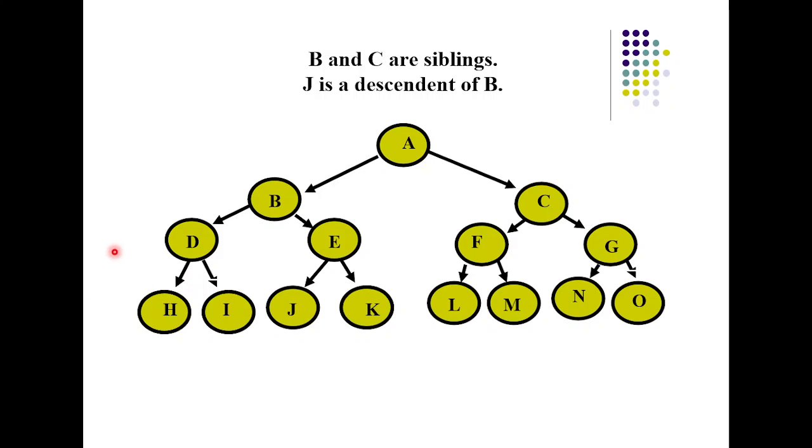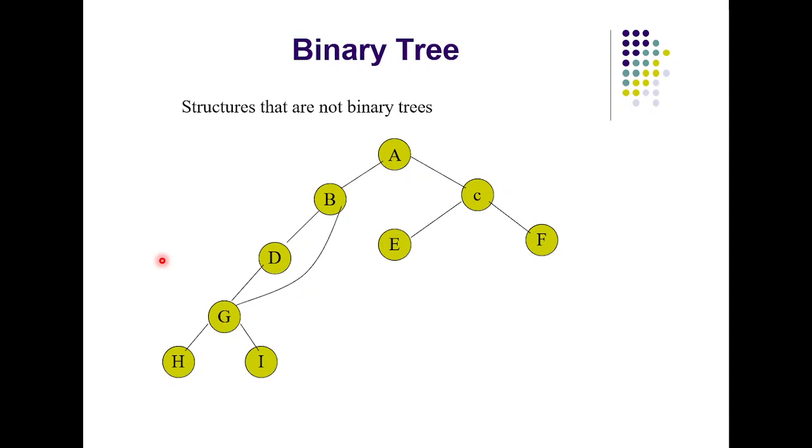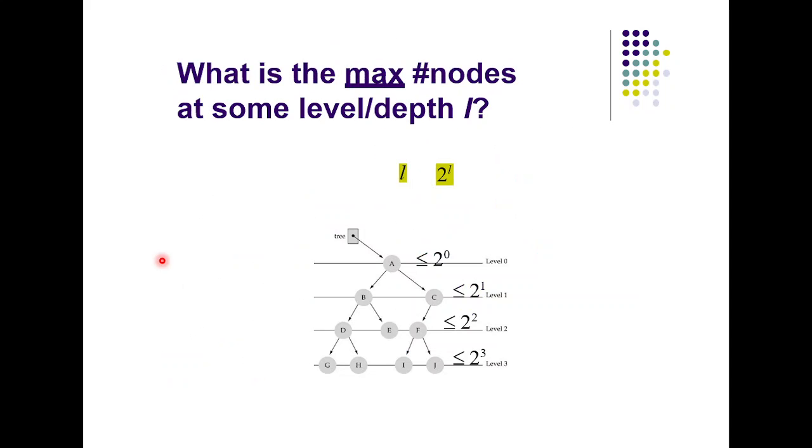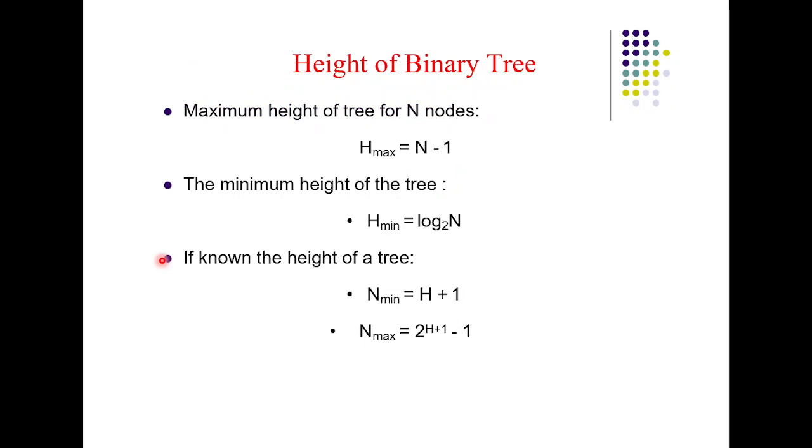If we need to check the maximum number of nodes at level 2, the maximum number of nodes that can be present is 4, because 2 raised to power 2 is 4, and you can see that all the possible nodes are present here. No further node can be present at this level 2. So with this formula we can find the maximum number of nodes at any particular level.